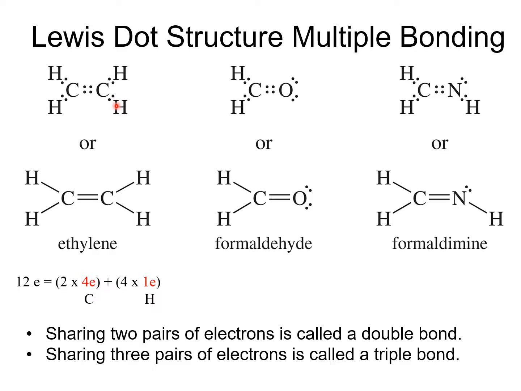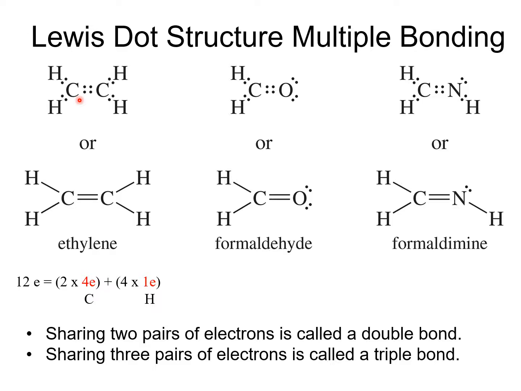And then between these 2 carbons, we actually have 4 electrons, or 2 electron pairs. Why is that? Because if you don't, then you don't end up with the correct number of electrons for your trial structure. So you had to put in the multiple bond. So you have to iteratively go back to come up with this structure.